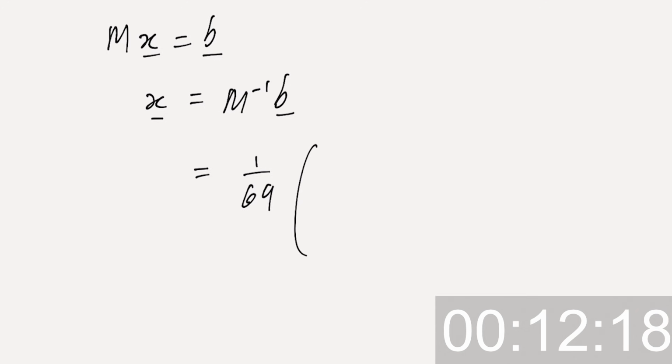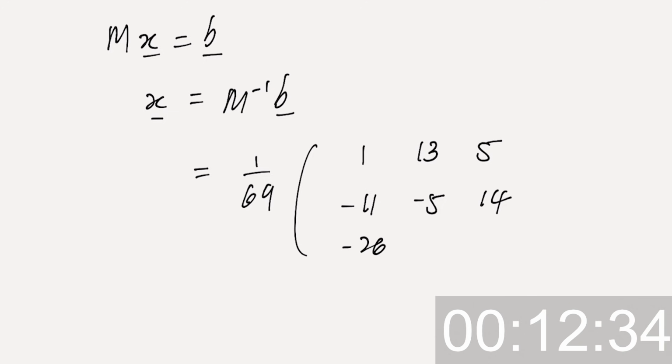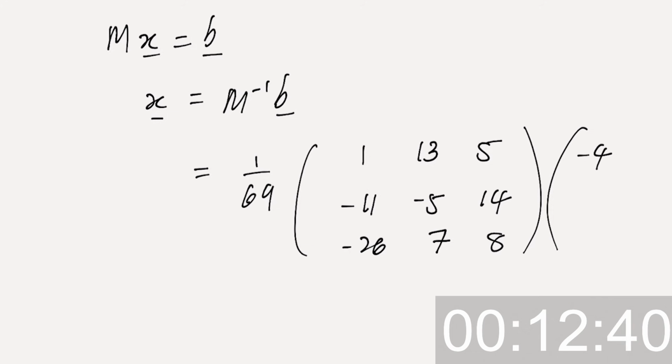And then we just had 1, 13, 5. Then it was minus 11, minus 5, and 14. Then we had minus 26, 7, and 8. So that times b, and b is just the answers there. So minus 4, 9, and 5.